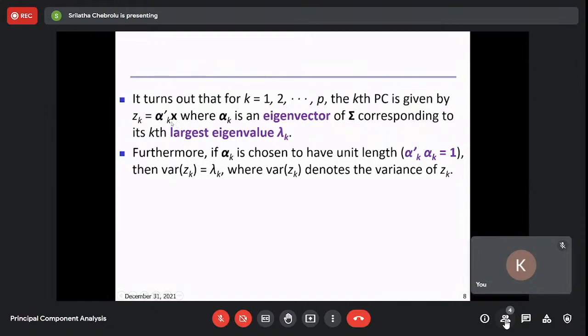Alpha k is the kth PC. So what they are saying is alpha k is an eigenvector of sigma corresponding to the kth largest eigenvalue lambda k. We have seen it, right?